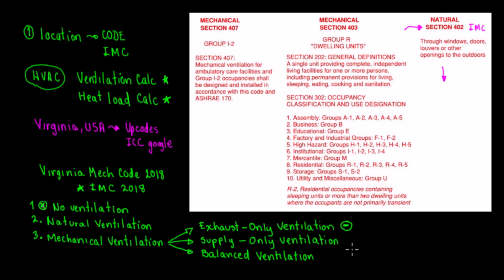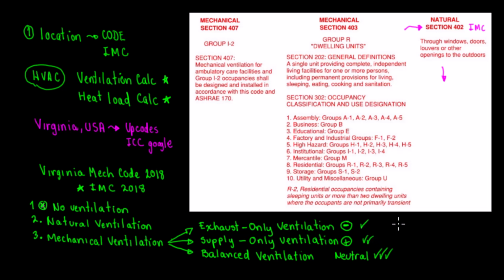Supply only is positive pressure, which is good. And balanced ventilation is neutral. This is the best. Balanced ventilation is the best. Supply only is less than the best, but it's good. Exhaust only is just to comply, not the best at all.